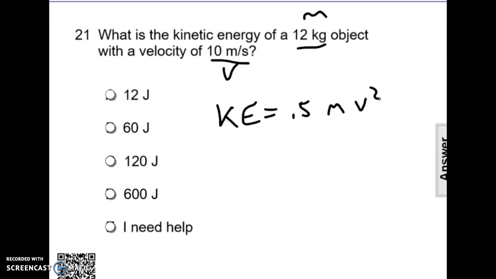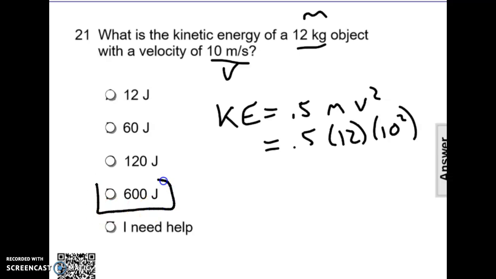Notice I put 0.5 in instead of 1/2. It just works out easier. So it's 0.5 times 12 times 10 squared. Half of 12 is 6, times 100, which is 10 squared, is going to be 600. And the SI unit for measuring kinetic energy, once again, is joules.